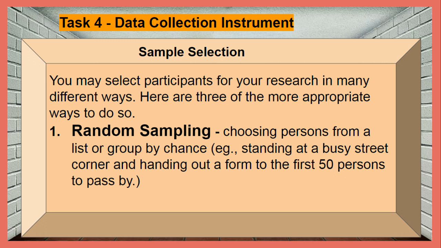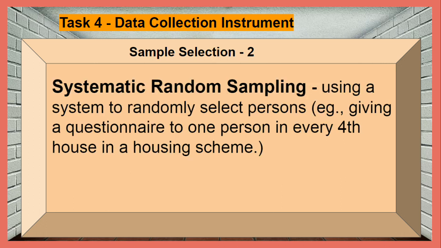The first type is the simple random sampling, and this involves simply choosing persons from a list or group by chance. Then there is a systematic random sampling, which is using a system to randomly select persons. For example, giving a questionnaire to 1 person in every 4th house in a housing scheme.